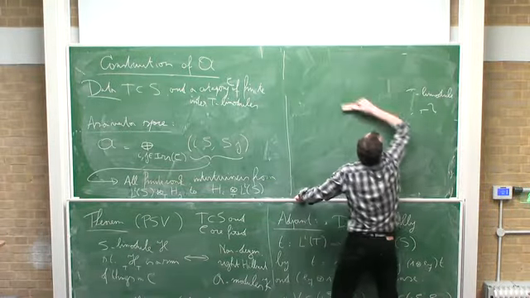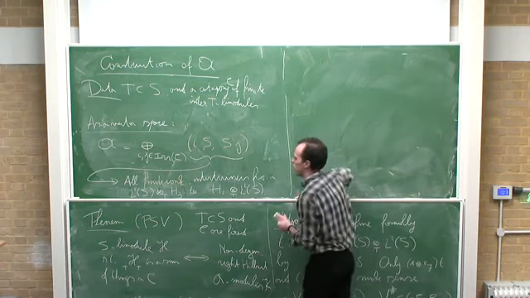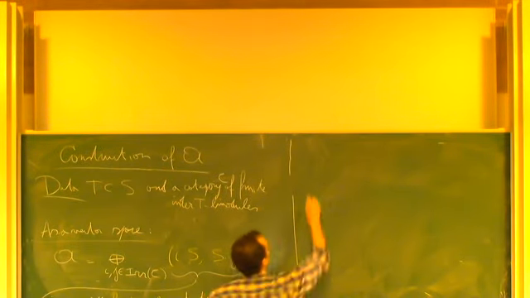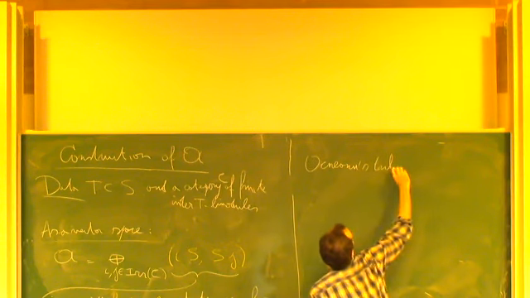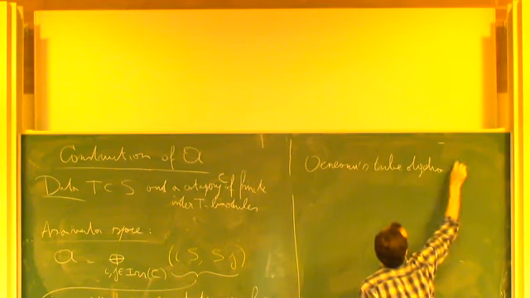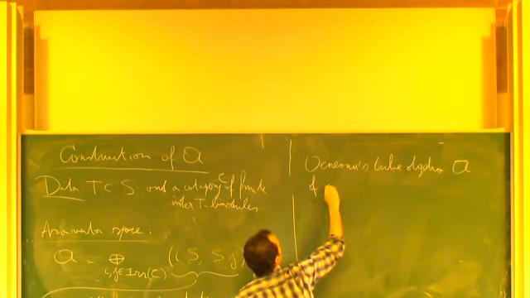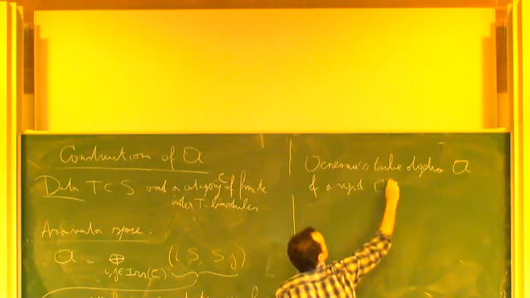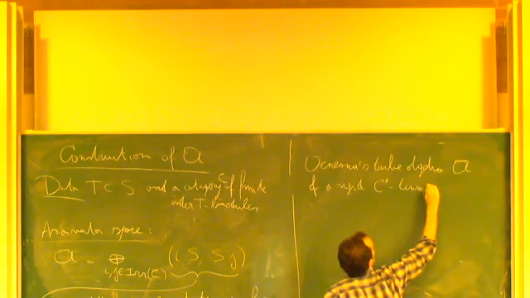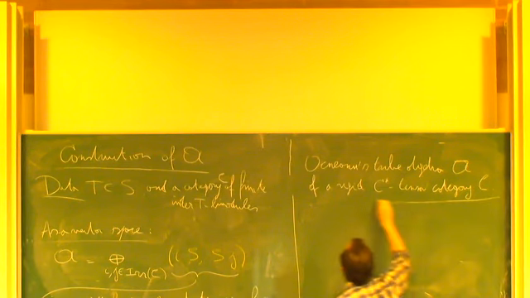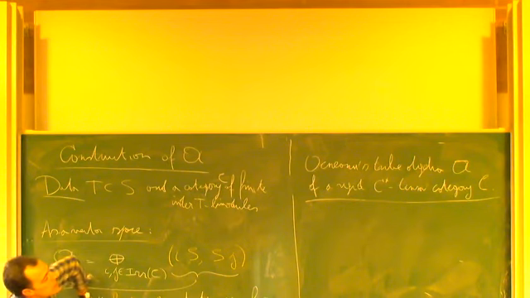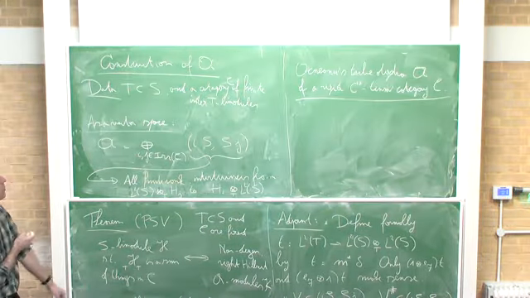So let me call it Ocneanu's tube algebra of a rigid C-star tensor category. And think of a category of finite index bimodules over a II_1 factor, or of a representation category of a compact group, if you prefer.